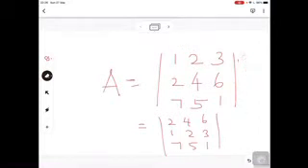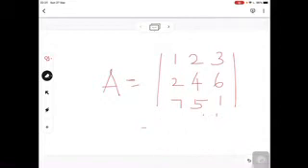Here we have the matrix A. If I multiply the elements of one row, we have to multiply all the elements of that row. I am going to multiply R1, that is row 1, by 3.